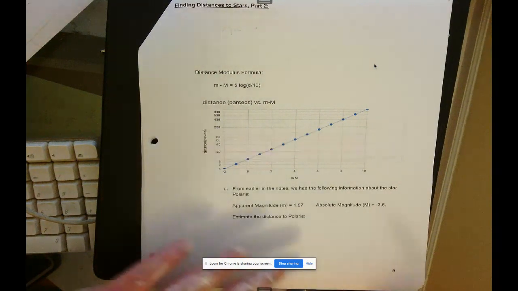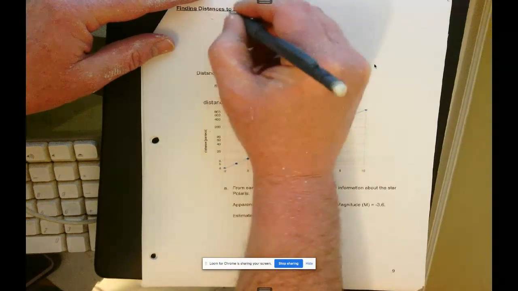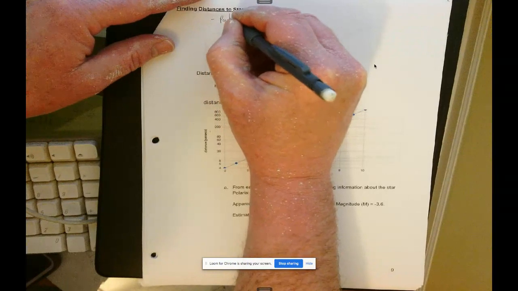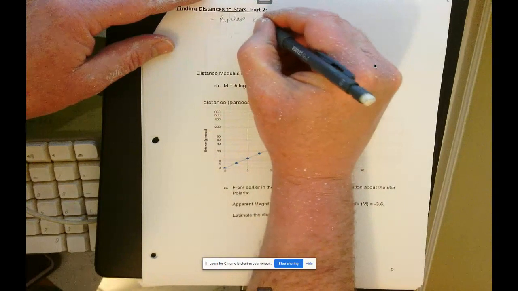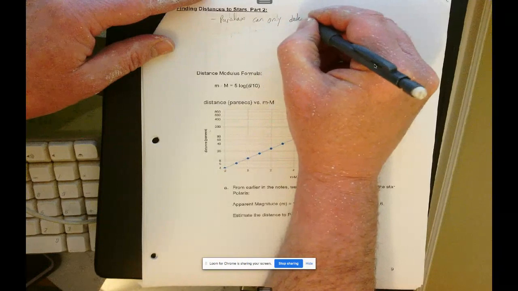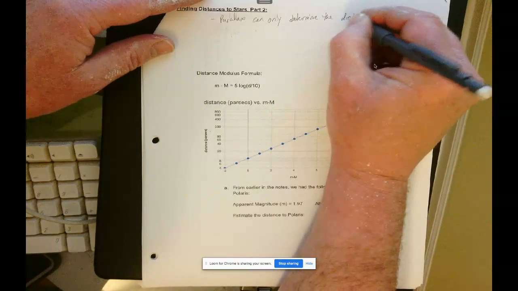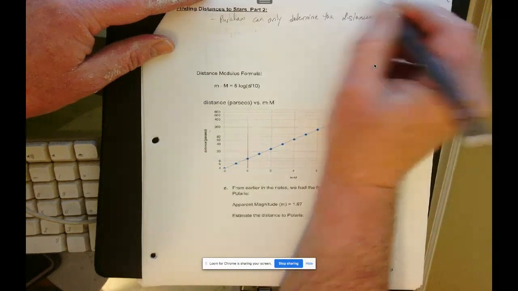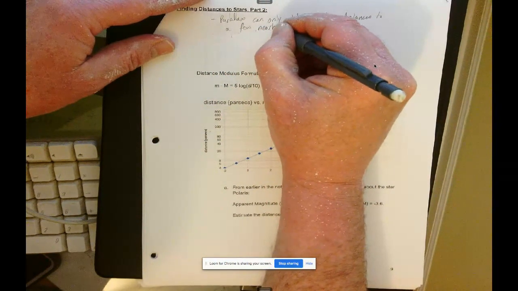All right, we're going to continue talking about how we measure things about the stars. And we're going to talk again about how to find the distance of stars. And we said that one way to find it is parallax, but parallax can only determine the distances to a few nearby stars.